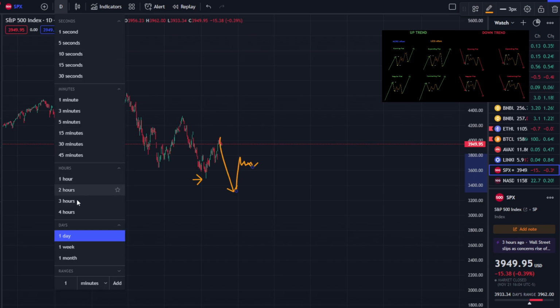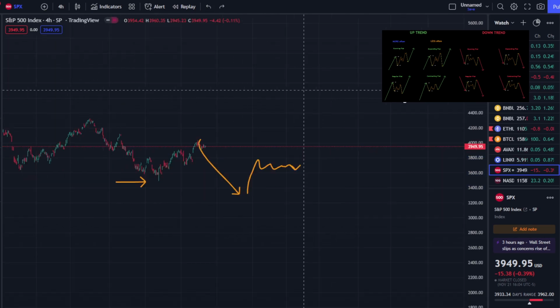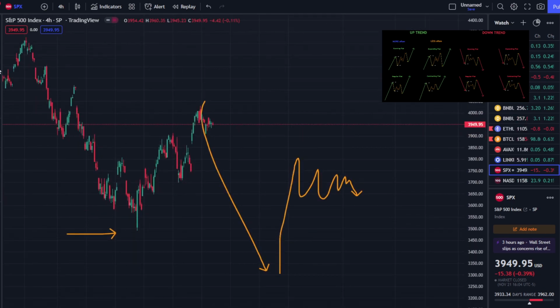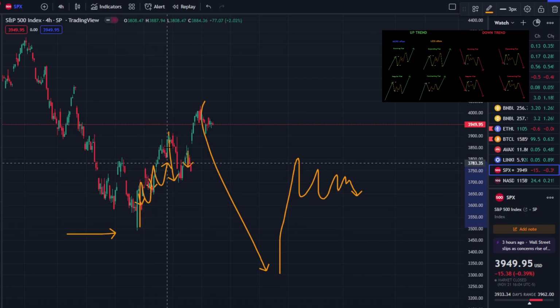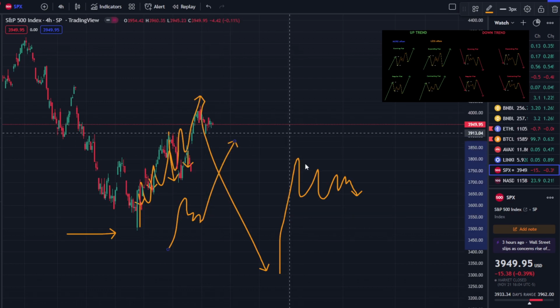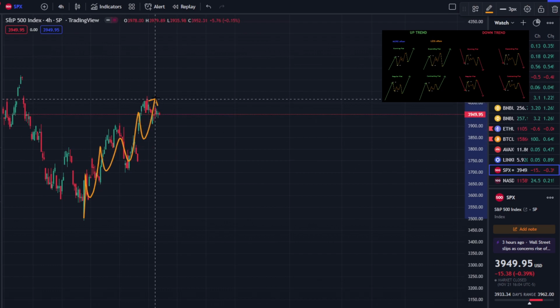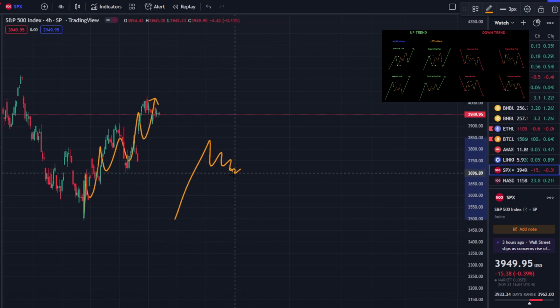Now, if you zoom into it, because of that retracement like this, and also this one, all those retracements make this move go like this and not like this. You see the difference? Sometimes it goes like this, and sometimes it goes like this.